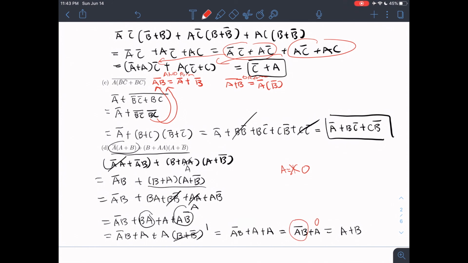So it will depend on whether this expression is true or not, because the plus stands for OR. So then not A would be 1, and what we're depending on is whether B is 1 or not. So if B is 1, then this expression will be 1. But if B is 0, then this expression will be 0. So this is why when you have an expression like not A, B plus A, this can be evaluated into A plus B. Thank you.